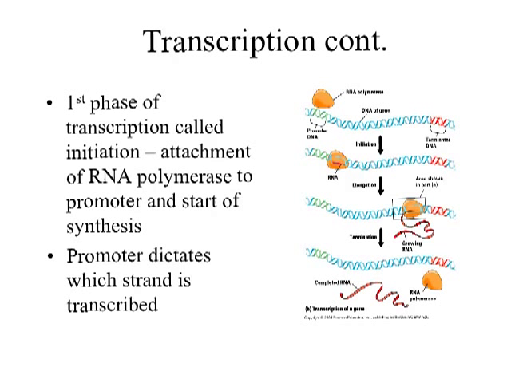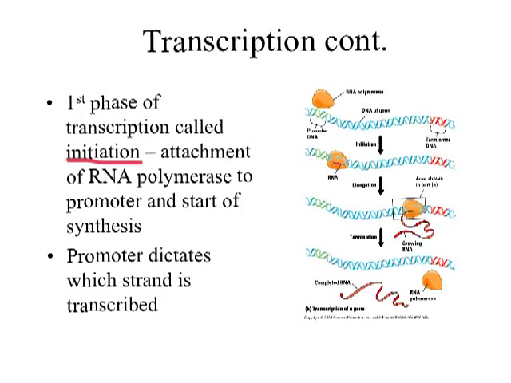All right, the first phase of transcription is what we call initiation, the beginning, and that's the attachment of RNA polymerase to the promoter site and the start of the synthesis process. And remember, the promoter is going to dictate which strand is transcribed, whether it's the 5 to 3 or the 3 to 5 one.